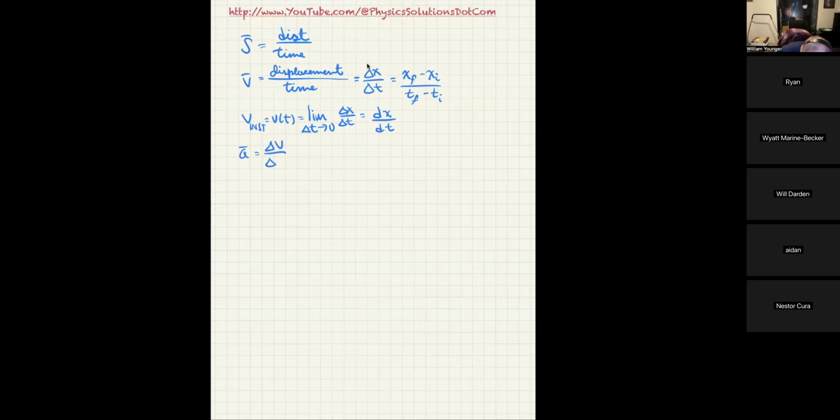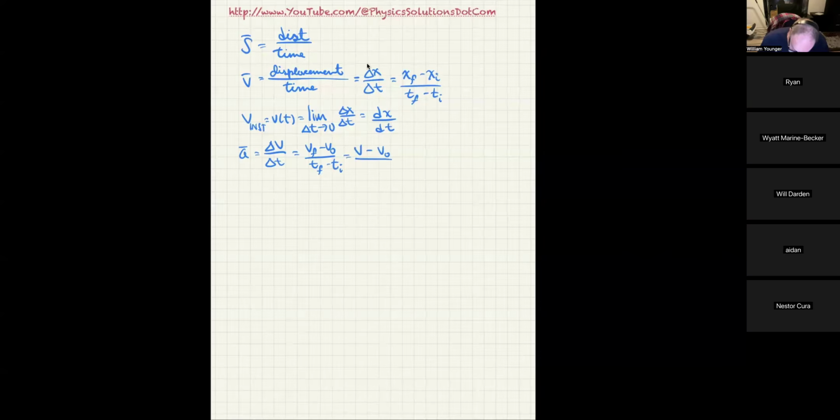Then we introduced the average acceleration, and that turned out to be basically delta v over delta t. And of course, that means v final minus v initial over t final minus t initial. I want to remind you guys that there's a lot of different ways of writing v final and v initial. So one way we could, for instance, write this is v minus v zero. That's the same thing as v final minus v initial.